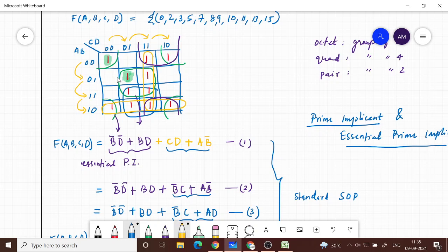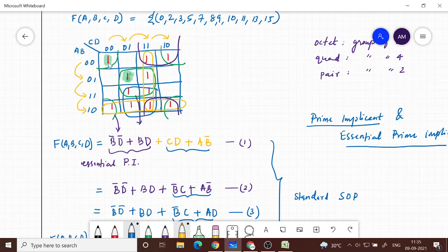Okay, why do we say that this group is essential? Because I have highlighted a 1 here and a 1 here. If you look at the group made of the corner elements, that is the biggest group that can include this 1, the one at 0 0 0 0.